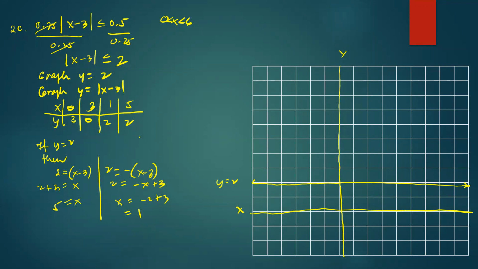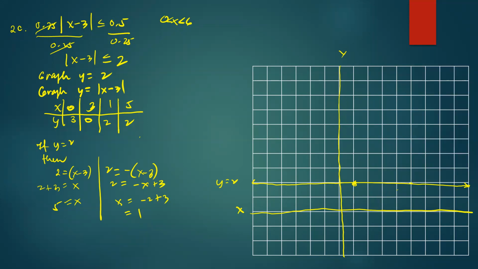So we have 1, 2, and then we have 1, 2, 3, 4, 5, 2.